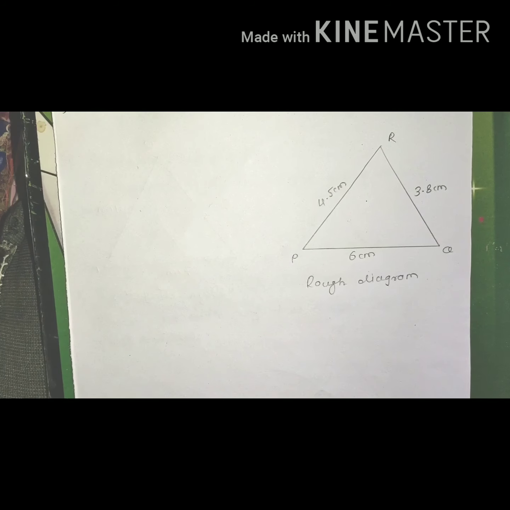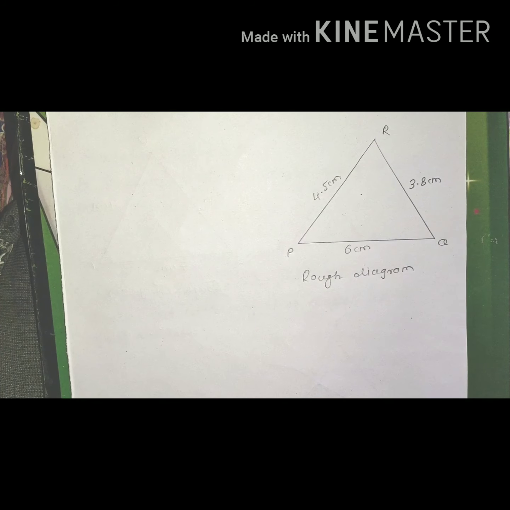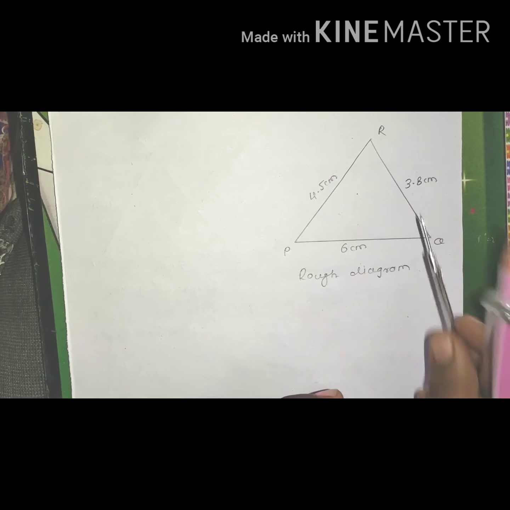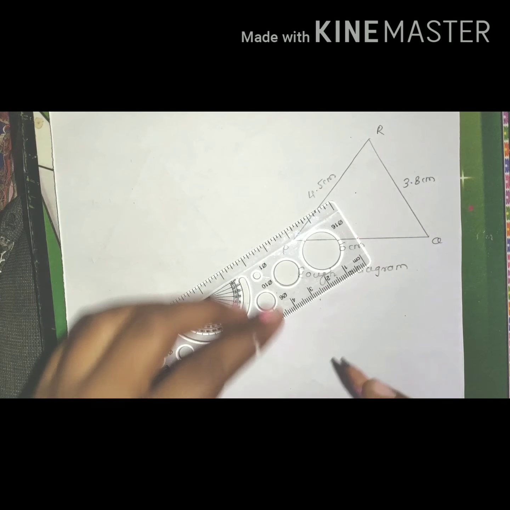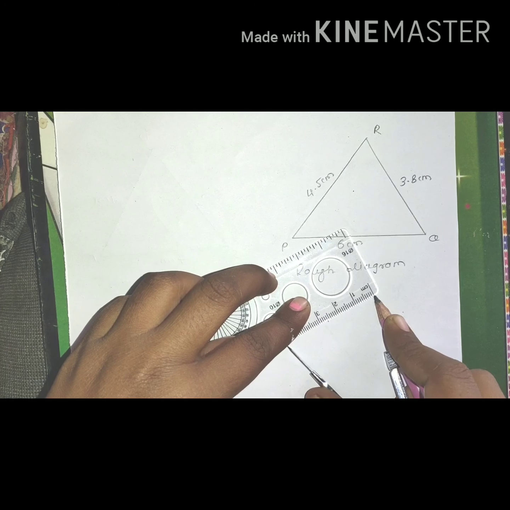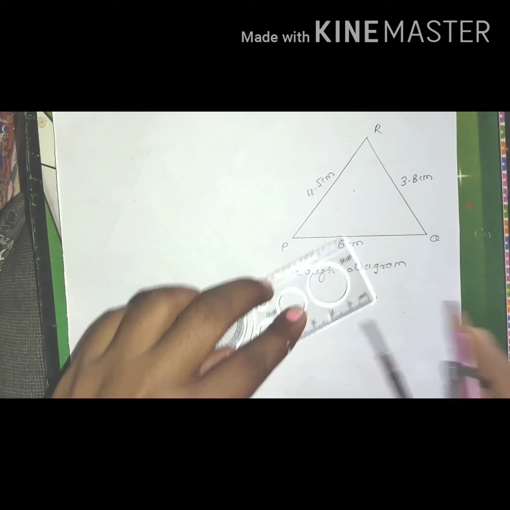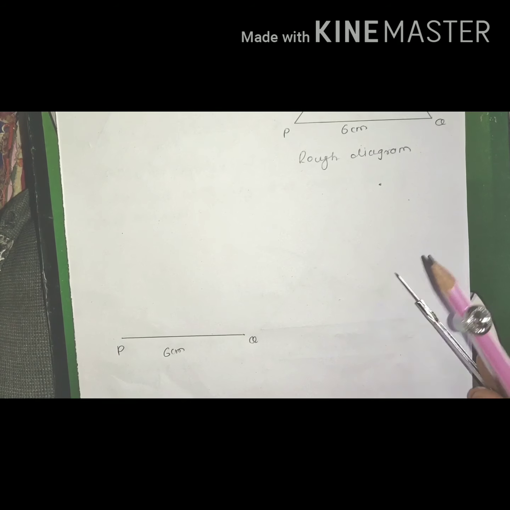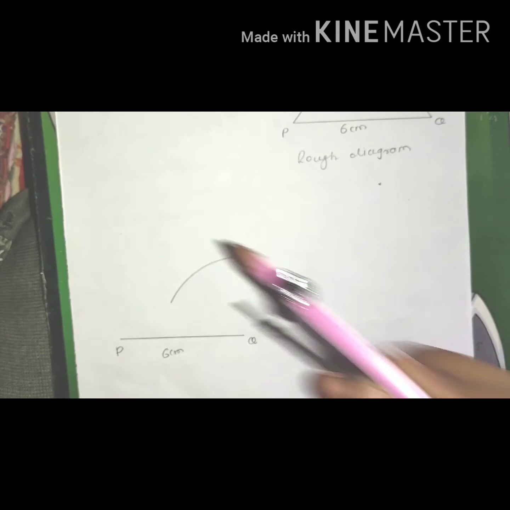Next, with a compass, we have to draw the segment RQ, which is of length 3.8 centimeter. So take a compass. In that compass, take a distance of 3.8 centimeters. So here we have 3.8 centimeter, and keep this compass at point Q and make an arc for R.